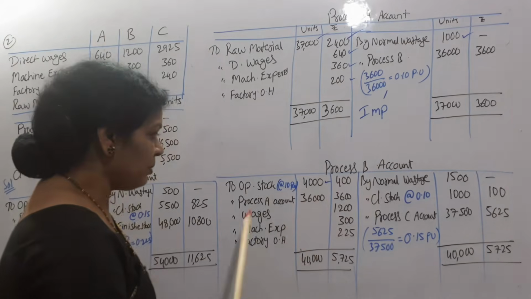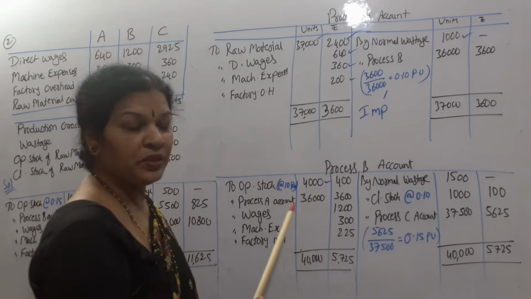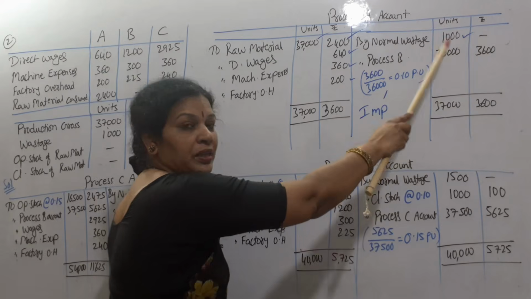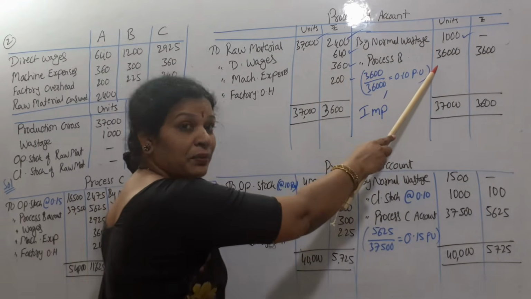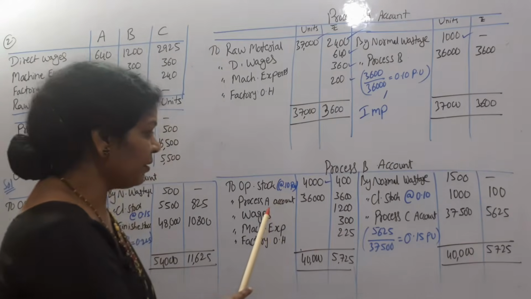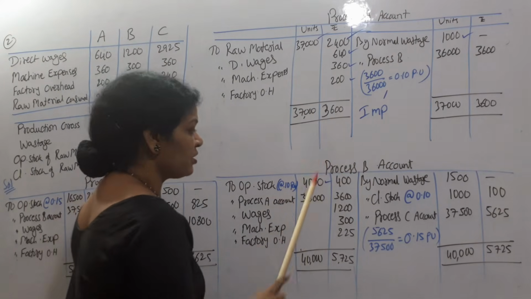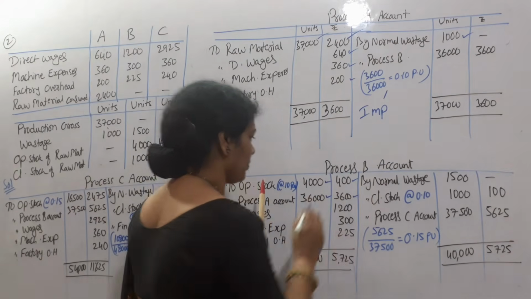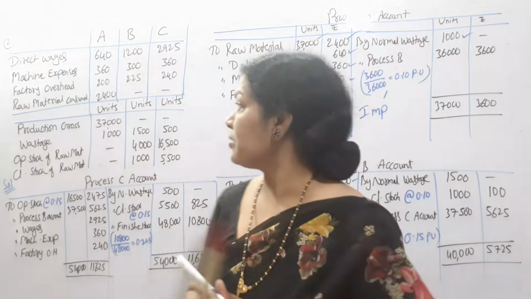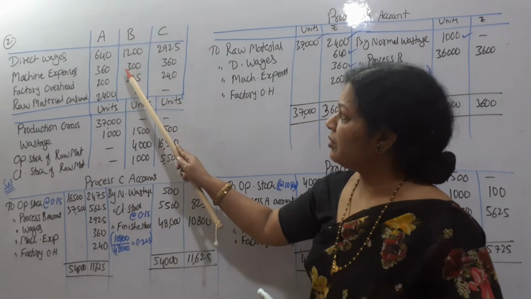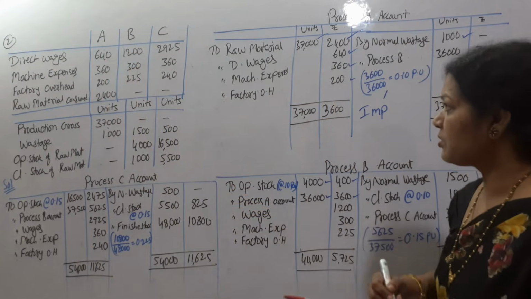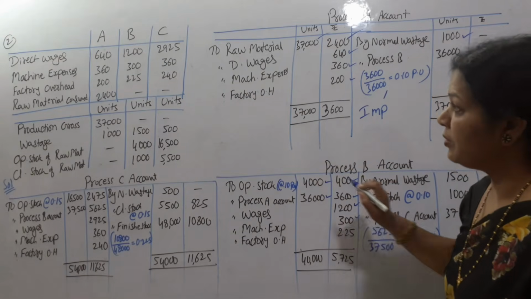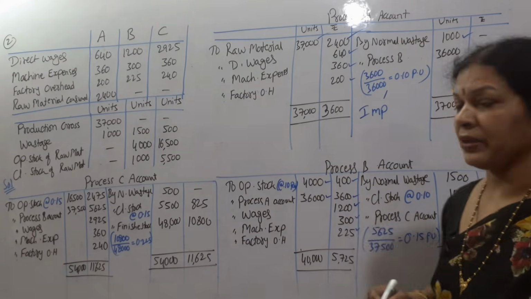After writing this opening stock, we transfer the amount from process A to B: process A account, 36,000 units and 3,600. And the rest of the expenses: direct wages 1200, machine expenses 300 and factory overheads 225.